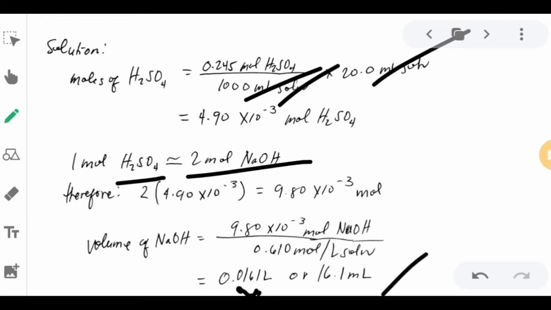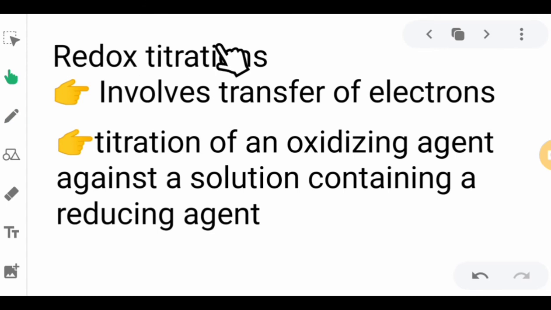And then, next, redox titrations. So, as mentioned earlier, acid-base titrations is all about the transfer of protons. Here in redox, it involves transfer of electrons. In acid-base neutralization, you just have to react an acid to a base to neutralize. Here in redox titrations, you have to titrate an oxidizing agent against a solution containing a reducing agent.